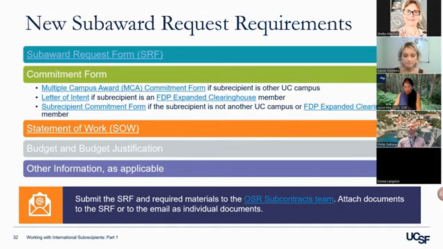This helps make sure they're getting the IDC they expect, and we're not put in a position of not giving them what they expect at the time of award. So I think it's really helpful to follow this process and use the commitment forms. It helps us protect those relationships and not put us in difficult conversations with them at the time of award.